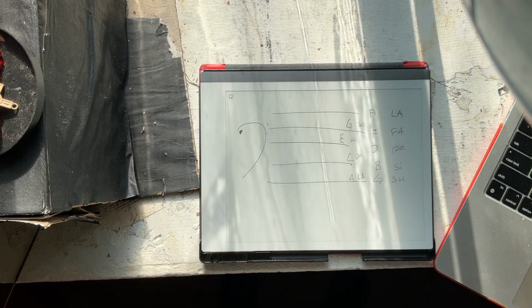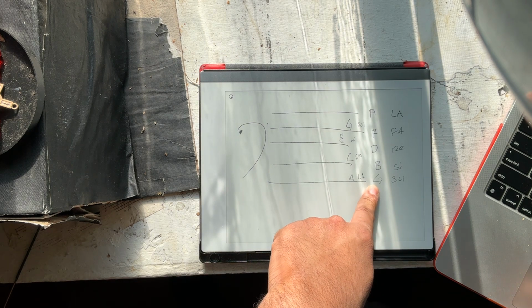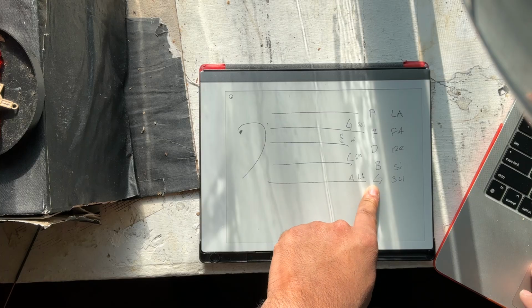All right, so let me go ahead and play what I've written here for you. So starting at the low register, it's right here.